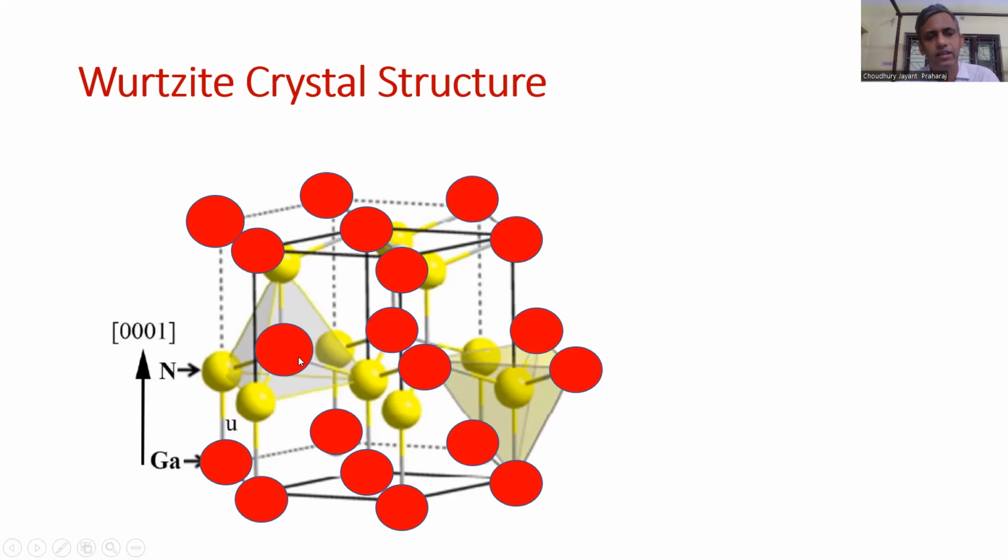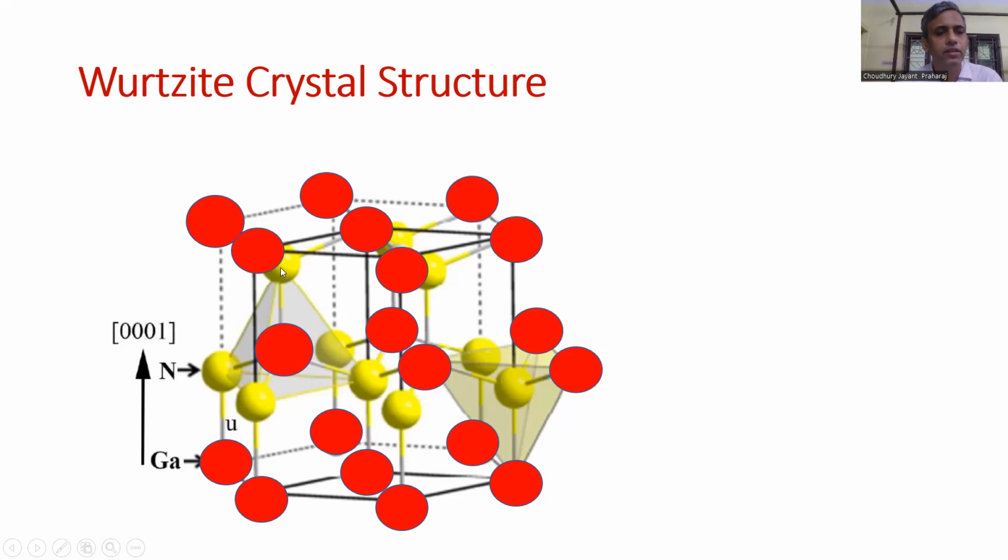Now these look like tetrahedral bondings, but they're not exact tetrahedra. So in these wurtzite semiconductors like gallium nitride, indium nitride, and aluminum nitride, the bonds are a bit deformed from the exact tetrahedron.